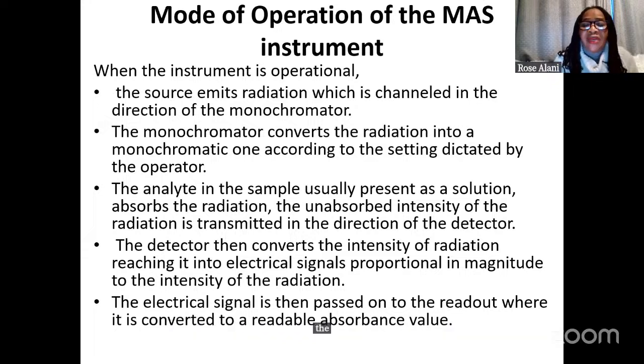That's the transmitted radiation. The detector then converts the intensity of radiation reaching it into an electrical signal proportional to the magnitude of the intensity of the radiation. And then that signal is passed to the readout, where it's converted to a readable absorbance value. So what you will see is the absorbance value at the readout.